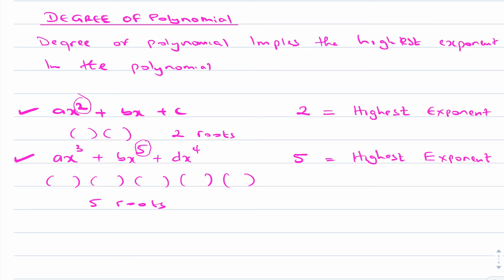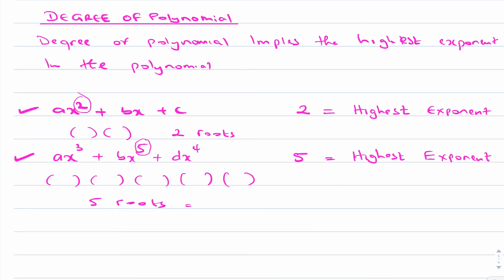Roots are the solutions. So roots equals solutions. That means where it crosses the x-axis. It must cross the x-axis 5 times when you plot it. Quadratic will cross the x-axis how many times?